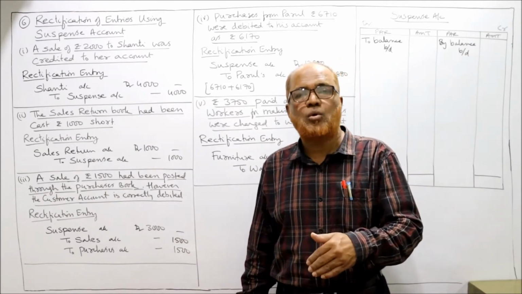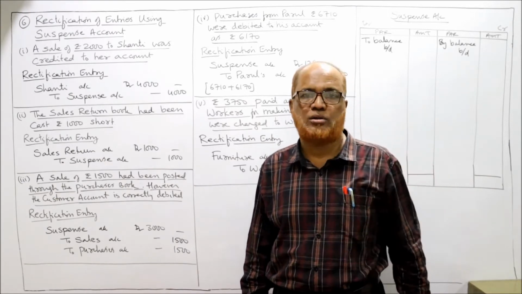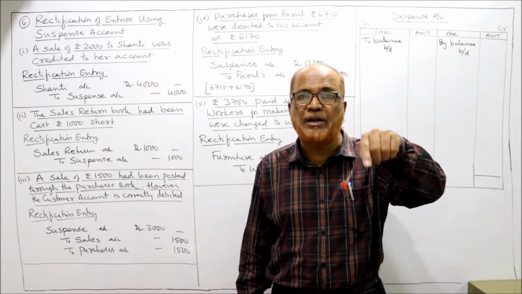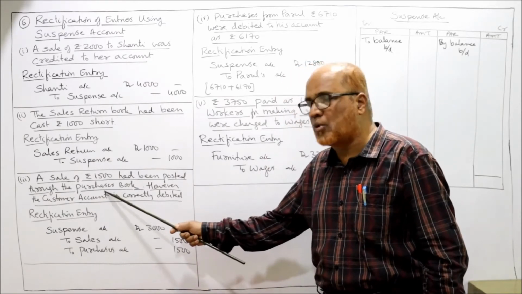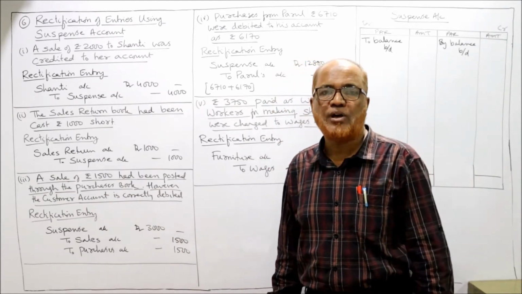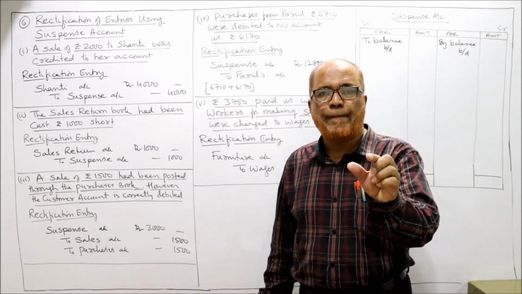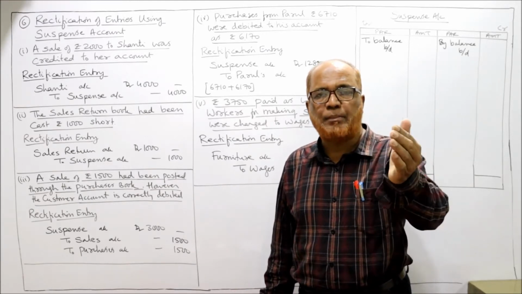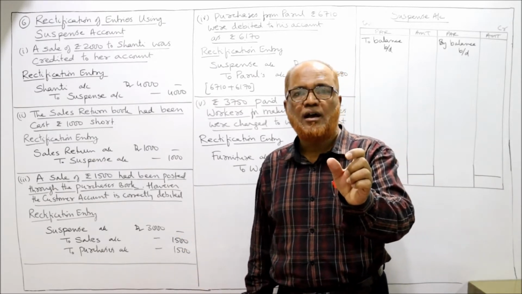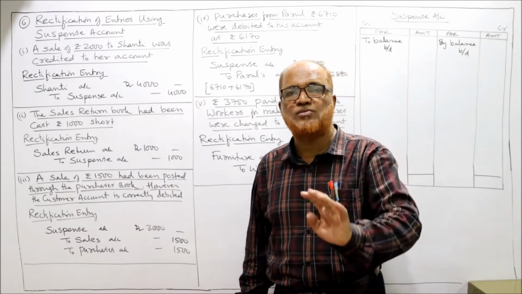When we purchase the goods, the entry will be purchases account debit to the party account, to the supplier account. The purchase account will be debited by taking it in the purchase book. Purchase account is debited by mistake. So, if there is no suspense account, the narration will be: this error can be rectified by crediting sales account with rupees 1,500 and also crediting purchases account by rupees 1,500.